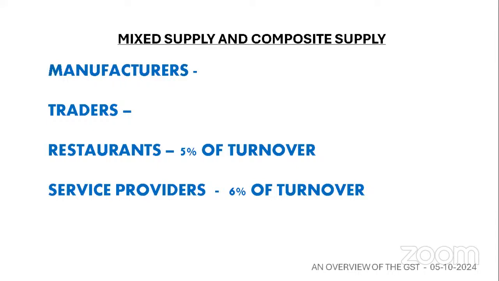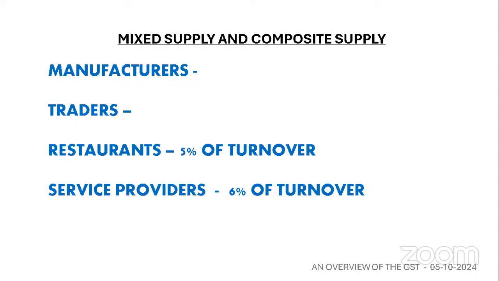Then I want to highlight the next concept of mixed supply and composite supply. When you supply goods, you can categorize them as an individual supply, a mixed supply or a composite supply. Say, for example, when you sell a pen, it is an individual product.